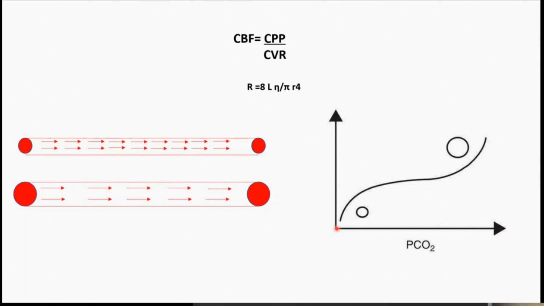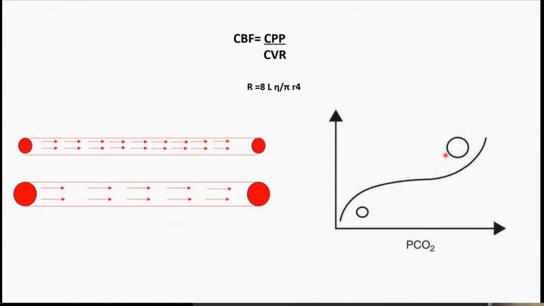Okay, if we look at this curve here, with a slight increase in the PCO2, and this is the cerebral blood flow, we can see that it can be maintained at a certain level, and then the vessels will dilate very, very quickly. And this is a dilemma in neurosurgery, because if you dilate the vessels too much, it means that you are increasing the blood inside the skull.